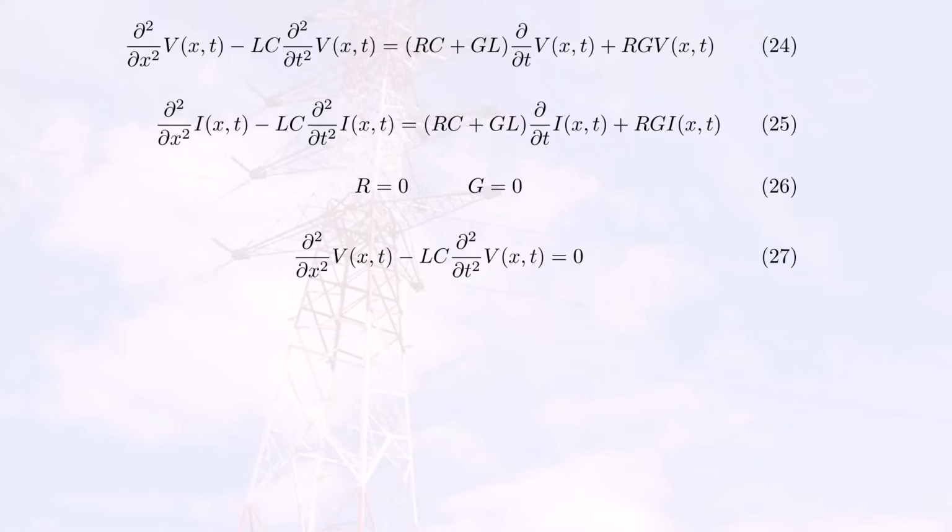We can further organize this by simplifying the coefficient LC using the symbol u equals 1 over the square root of LC, just as a simplified notation. And as you can see, this can be organized in the following way, as shown in equation 29.